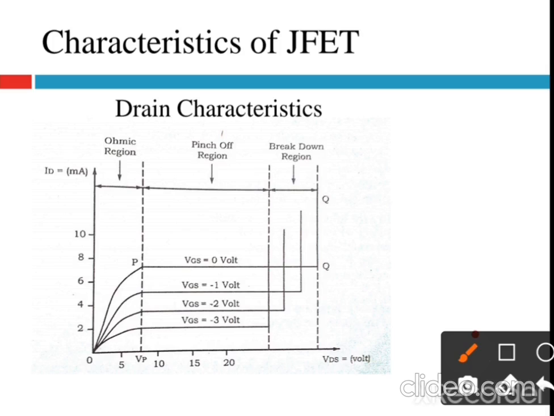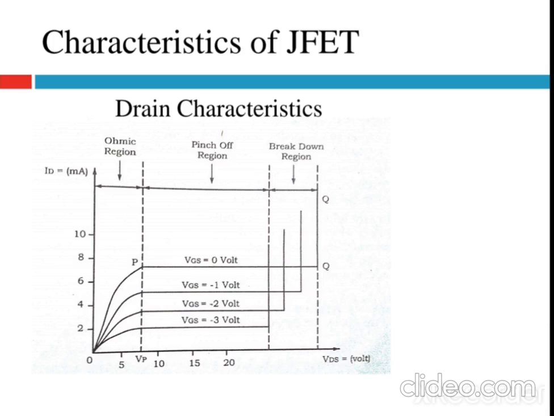The drain characteristic is the relationship between the drain current ID and the drain to source voltage VDS for different values of gate to source voltage VGS. You can see the graph drawn between ID and VDS with the different values of VGS.